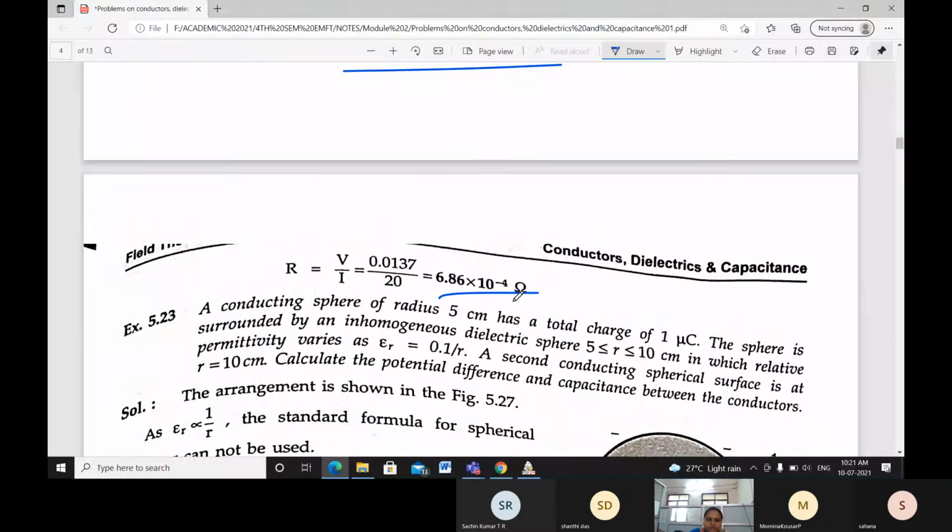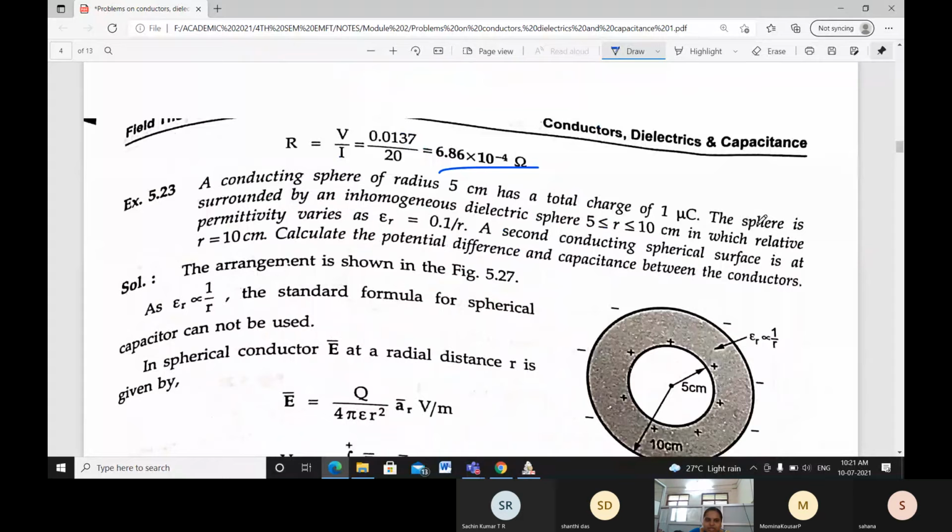Next problem is a conducting sphere of radius 5 centimeter that has a total charge of 1 microcoulomb. The sphere is surrounded by an inhomogeneous dielectric, meaning different dielectric media, with r in between 5 and 10 centimeters, in which the relative permittivity varies as ε_r equals 0.1 divided by r.